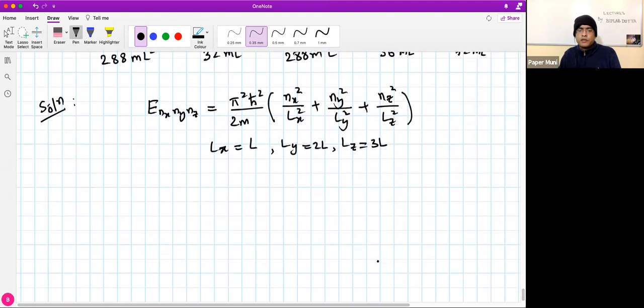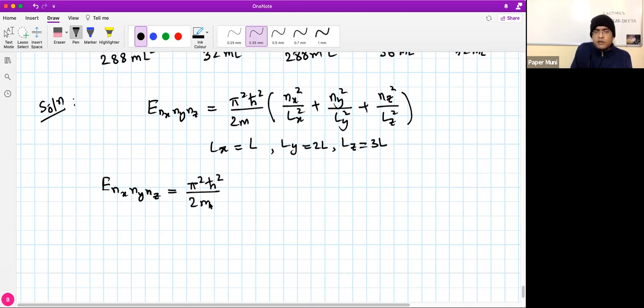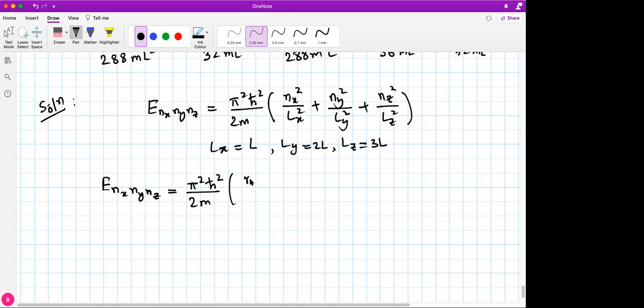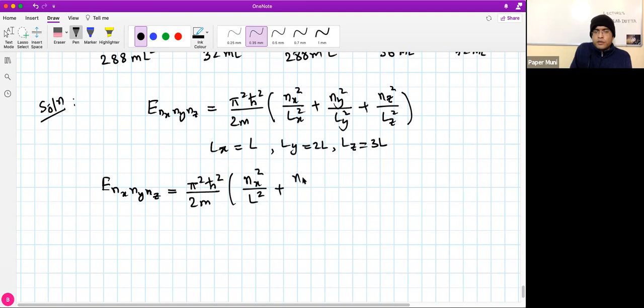Now I wanted to discuss how to get the calculation easily done, because if you rearrange the expression for energy by putting in the values of L, you can easily get whatever states you want. So this is nx squared by L squared plus ny squared by 2L whole squared.